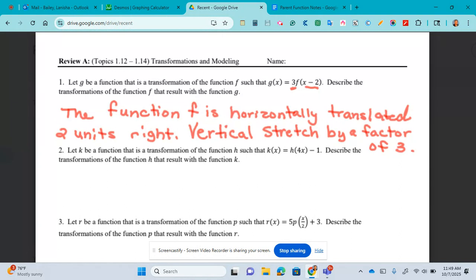All right, so for number 2, let k be a function that is a transformation of the function h such that k of x equals h of 4x minus 1. Now, that 4 inside with the x, we know that the x's do what? They lie. And is the x vertical or horizontal? Horizontal.